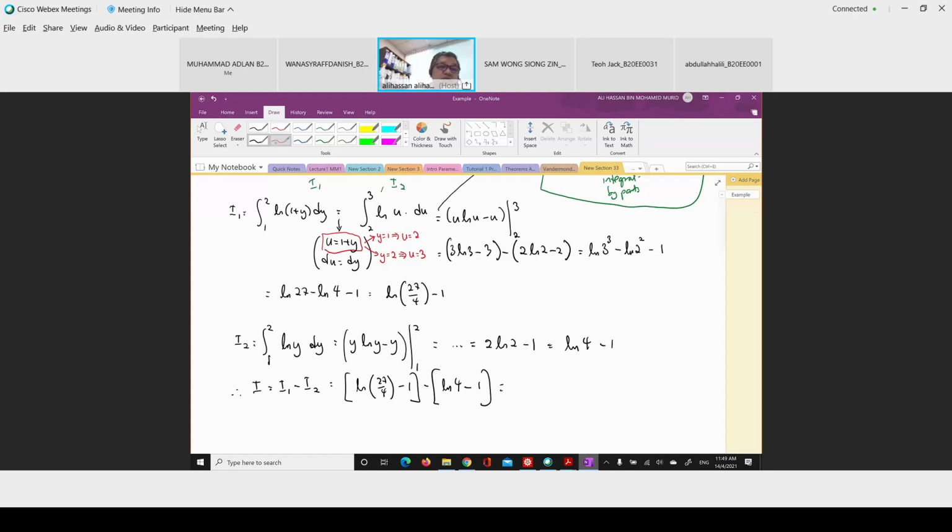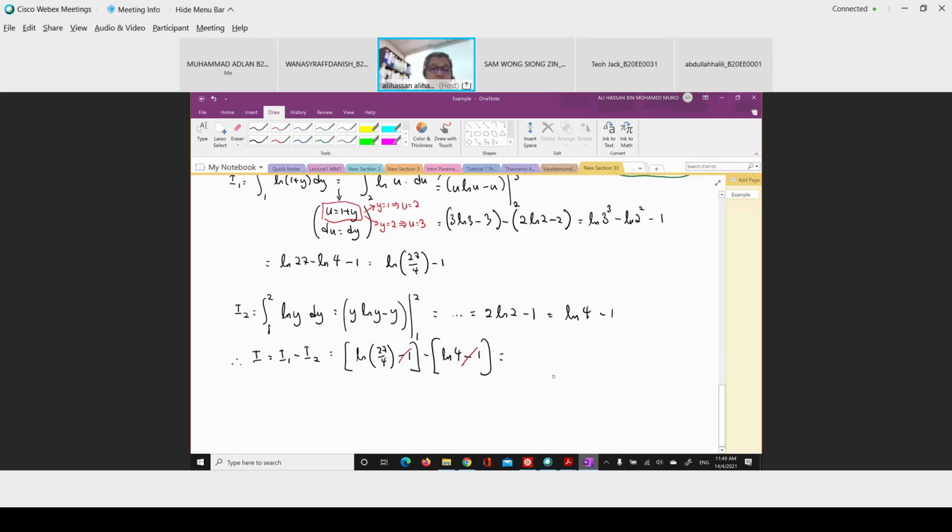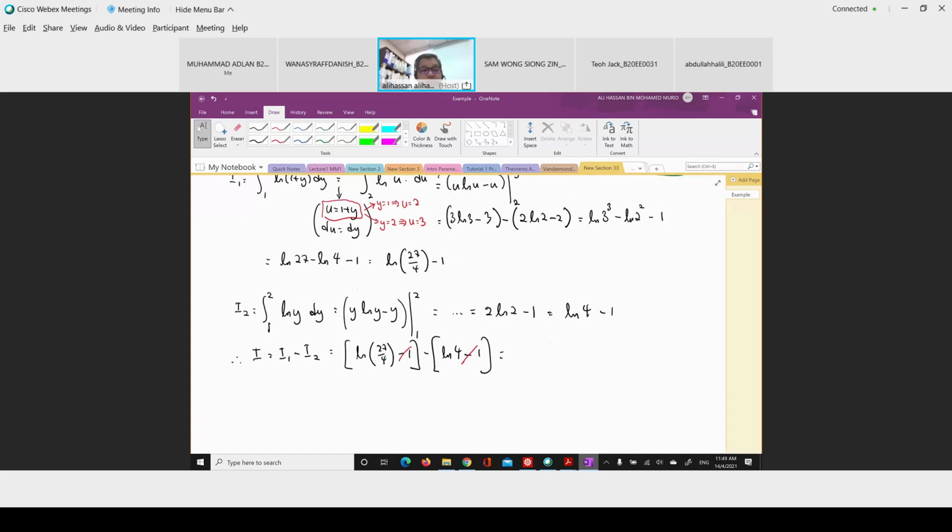See that the minus 1 cancels out. So we have ln 27 over 4 minus ln 4, which using the law of logarithm is ln of 27 over 4 divided by 4. So the final answer is ln 27 over 16.